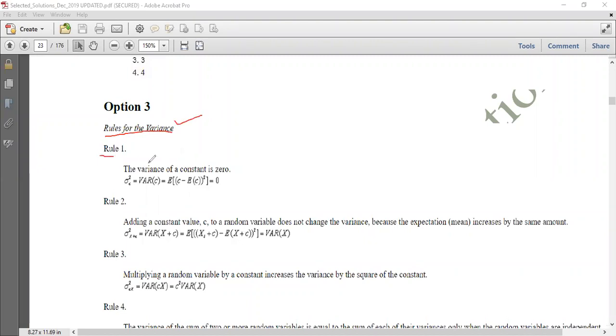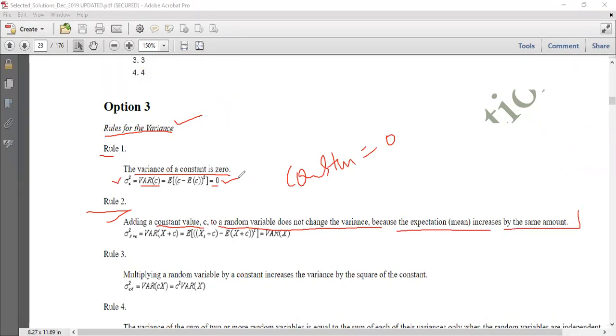The first rule says the variance of a constant is always 0. If you take a constant c and calculate its variance, it will come out to be 0. Rule number 2: adding a constant value c to a random variable does not change the variance, because the expected mean increases by the same amount.